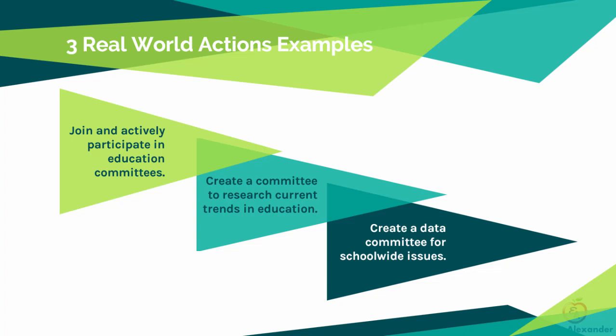So creating that data committee for school-wide issues is really crucial, because then you can see what do we need to do for school improvement for our campus, not just, well, everybody's working on reading, so we're going to work on reading. Well, maybe reading is not what you need to be working on. Maybe it's culture, maybe it's climate, maybe it's security. So creating that data committee that can look at that is really, really important.